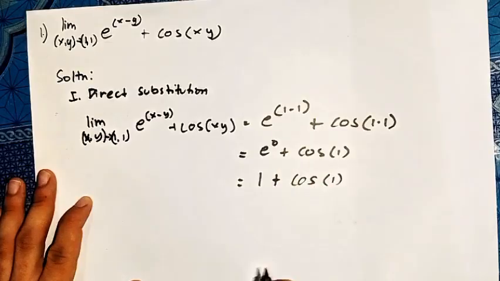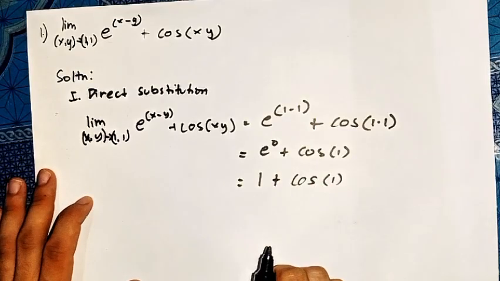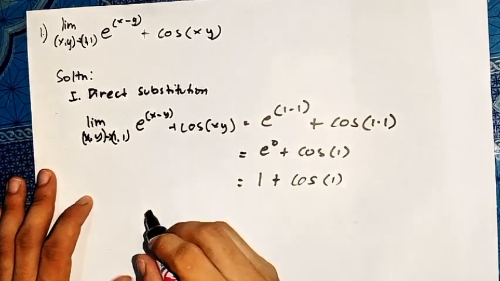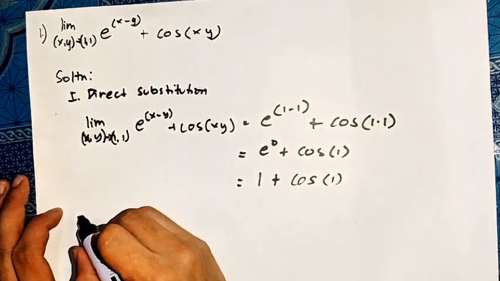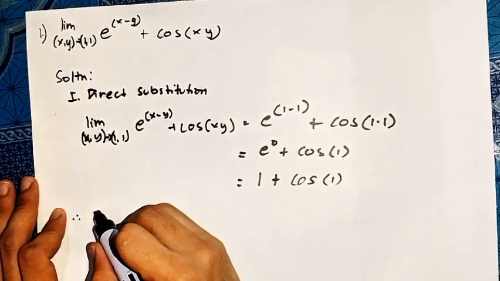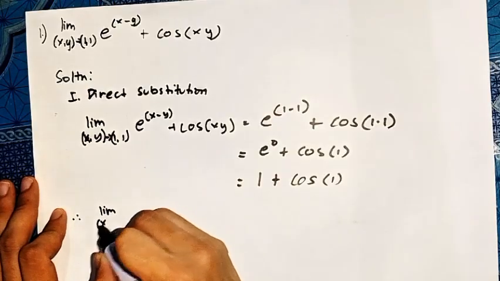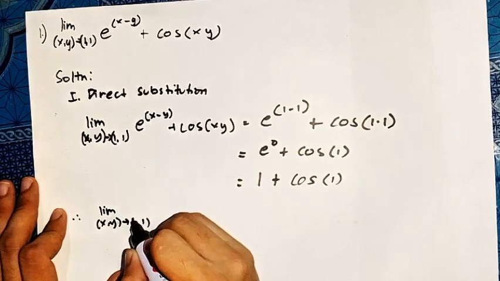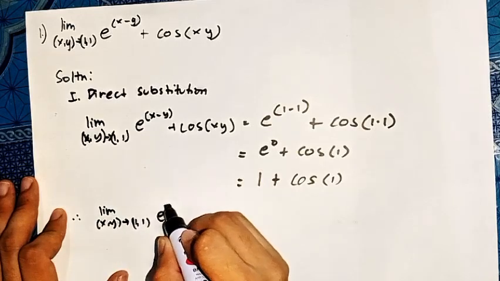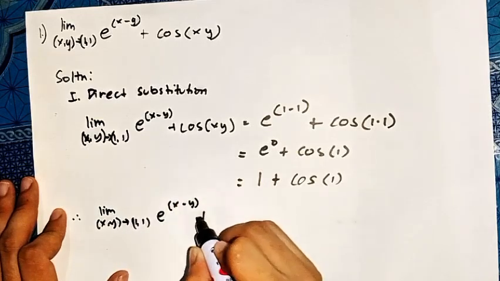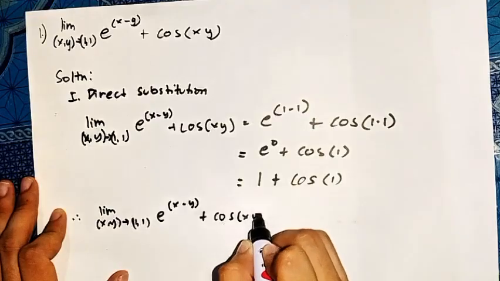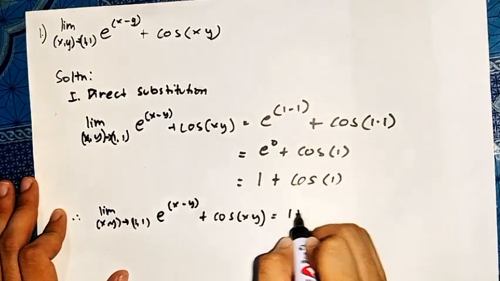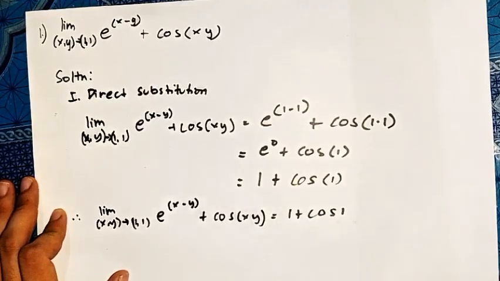Cosine 1 is just a number. So meaning the limit exists. Therefore, the limit as (x, y) approaches (1, 1) of e to the power of x minus y plus cosine xy is equal to 1 plus cosine 1.